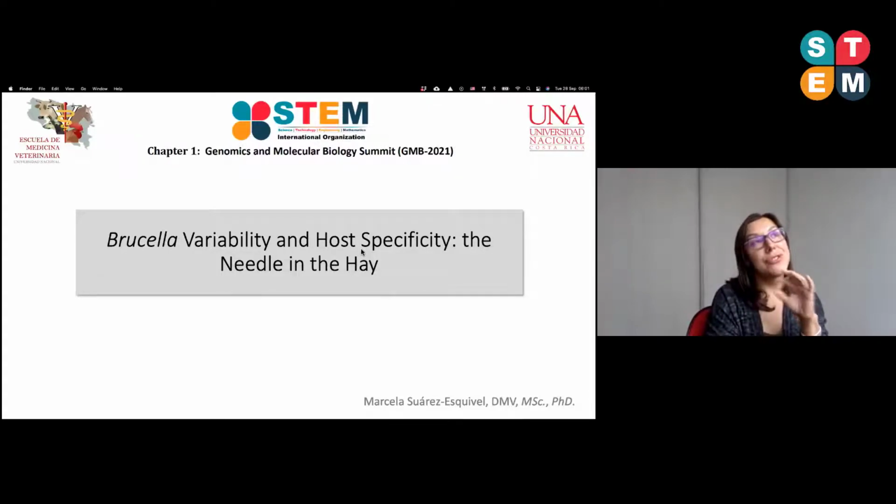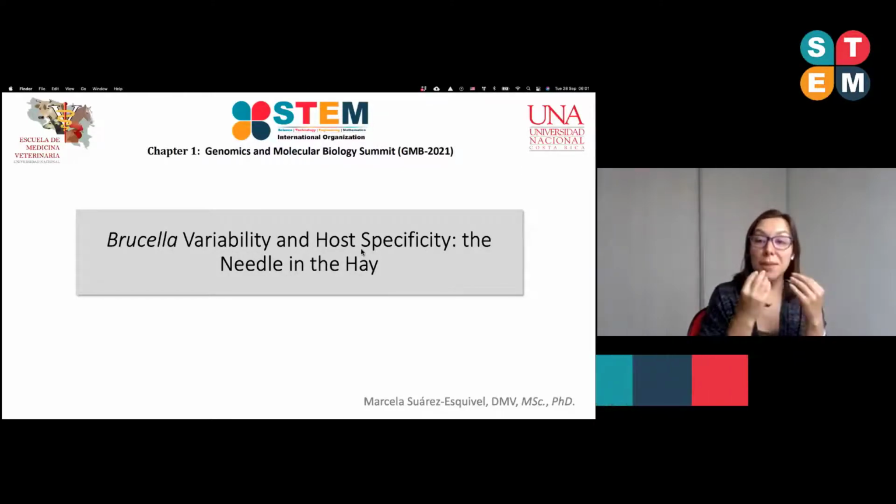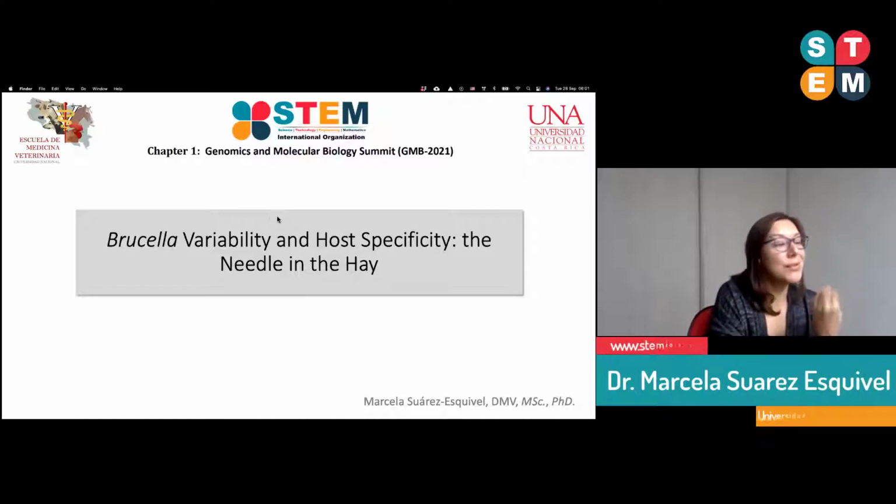So we have just 3 or 4% of the genome to analyze in order to find genomic traits that could help us understand and explain a bit about that host specificity.